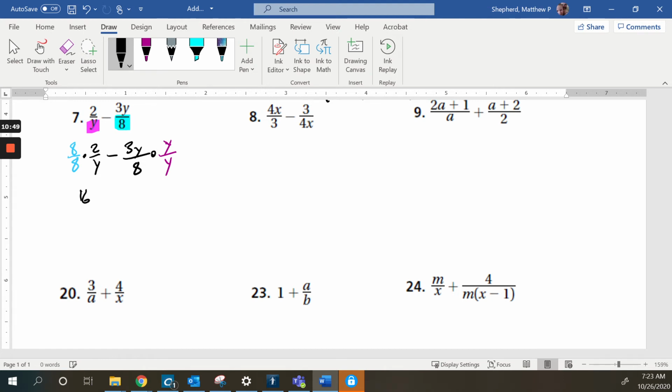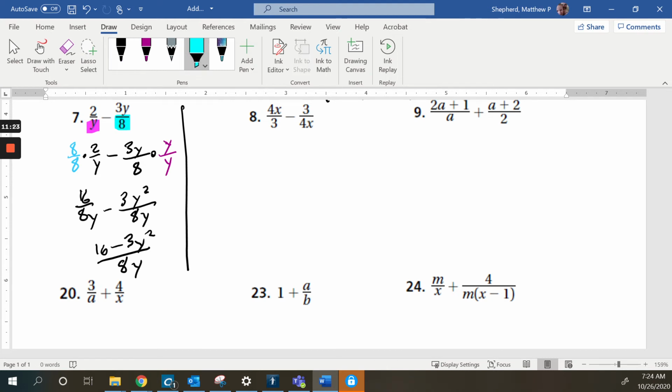So we'll get 16 over 8y minus 3y squared over 8y. Now we can just subtract going across for the numerators. So 16 minus 3y squared all over 8y. Done. That's not going to factor anymore, so we're good.